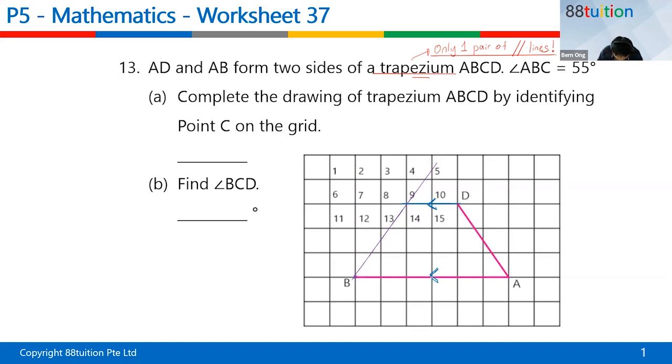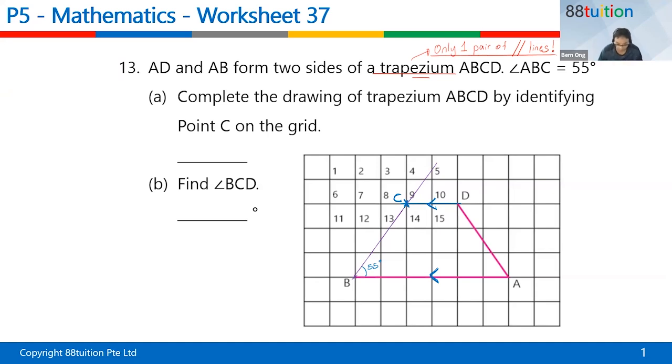That's the one pair of parallel lines. So this portion here will be my C. ABCD, and down here is 55 degrees. Don't worry, your exam will be on a piece of paper, so it's easier for you to measure. But please remember to bring your protractor along.